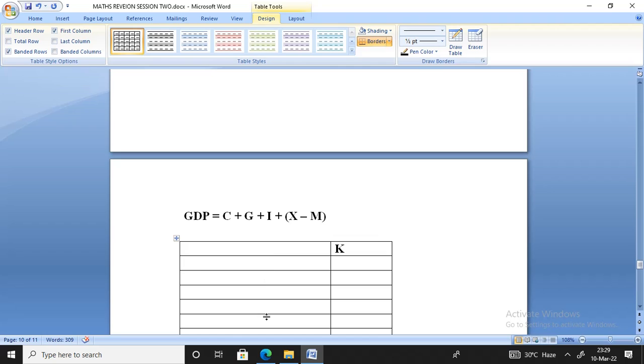So we have consumption expenditure. The value for consumption expenditure was 115,000. Next, we have government expenditure. The value was 85,000.